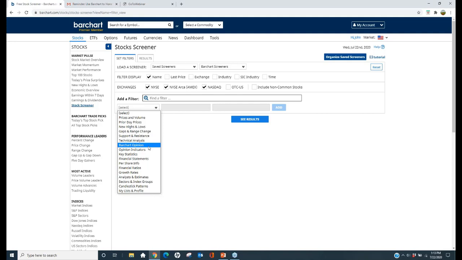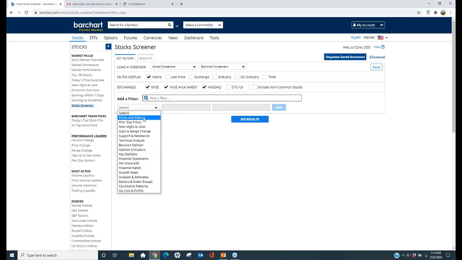This one will go right to some screeners that give you the opinions based on analysis that Barchart does. Opinion indicators, key statistics, general analysis from analysts or estimates. And then here is price pattern recognition, candlestick pattern recognition, all right?